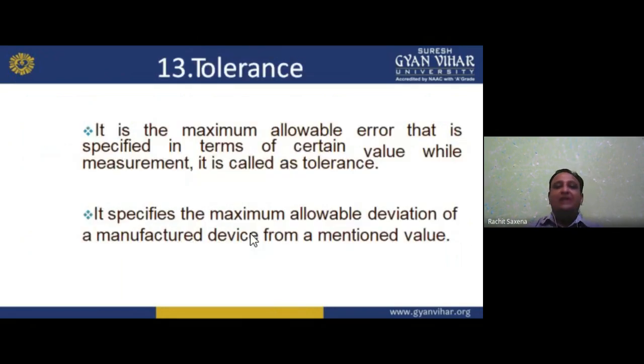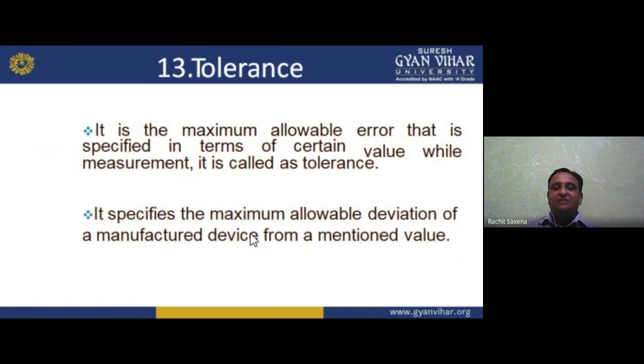Next we have tolerance. It is the maximum allowable error, specified in terms of a certain value, while measuring.